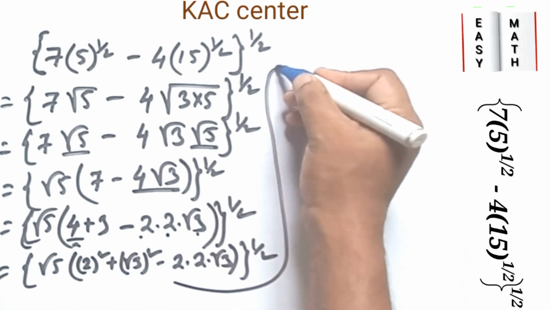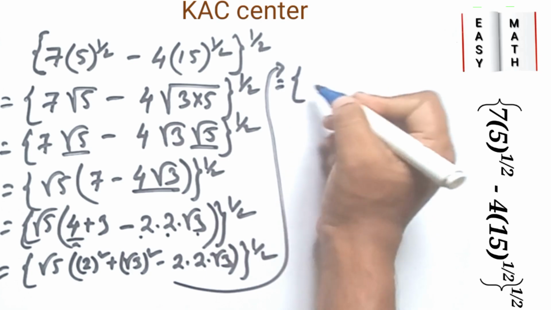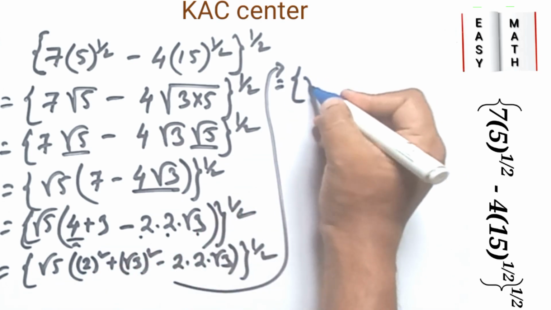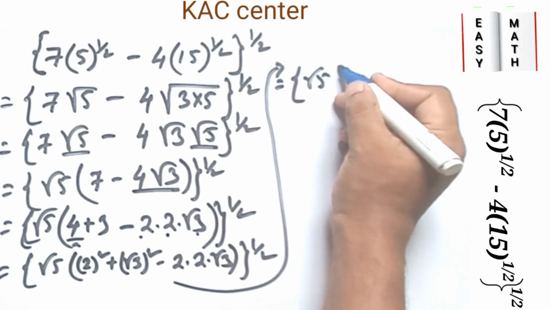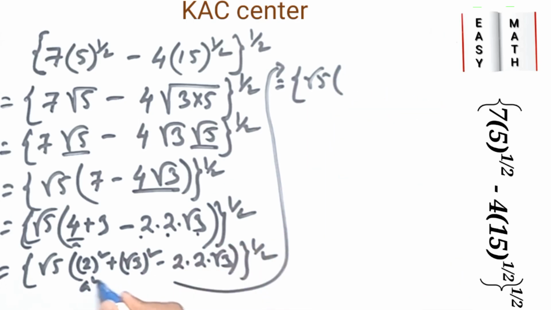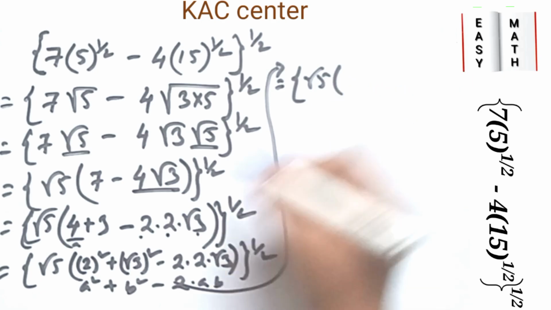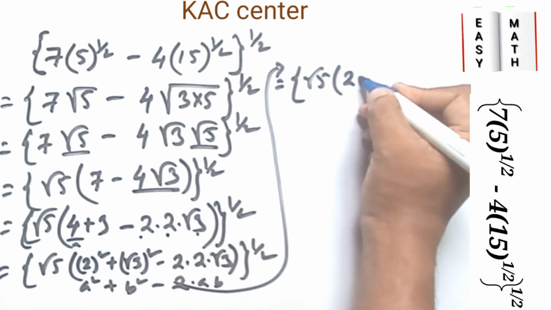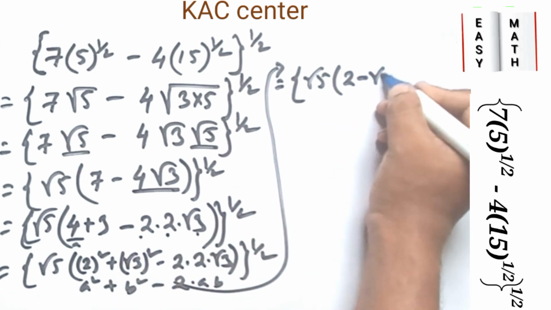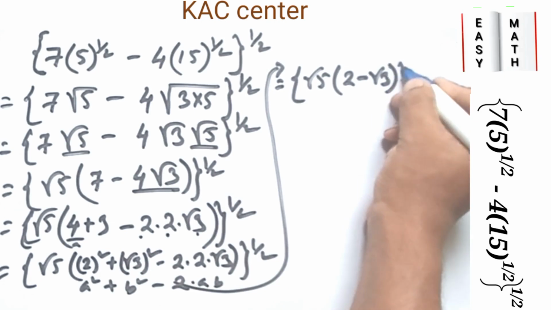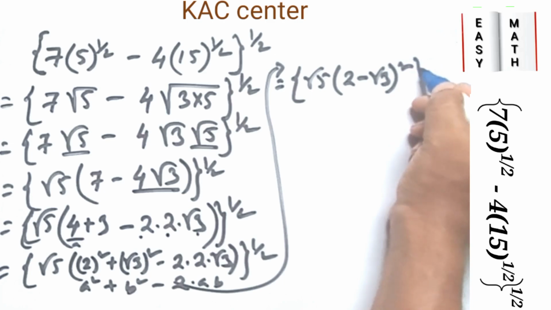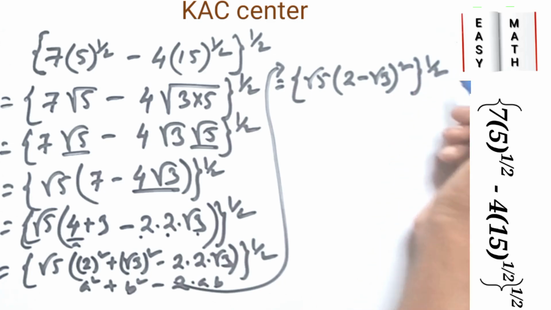And from here we can write this is the root 5, and this is the a square, this is the b square, this is the minus 2ab, and so there is the 2 minus root 3 square, and this is the half.